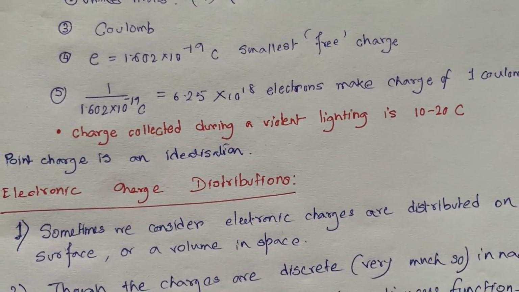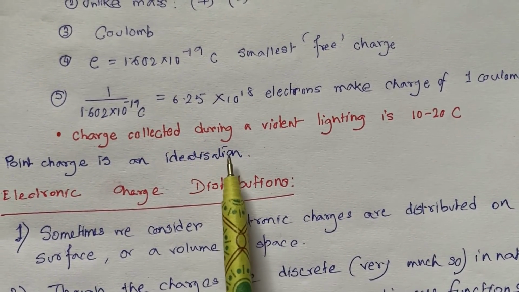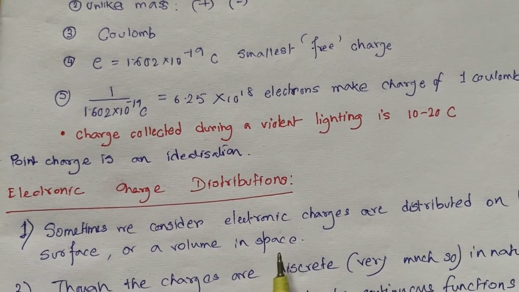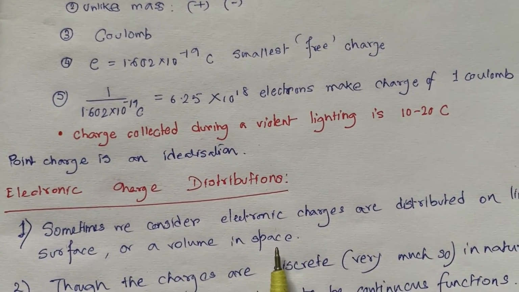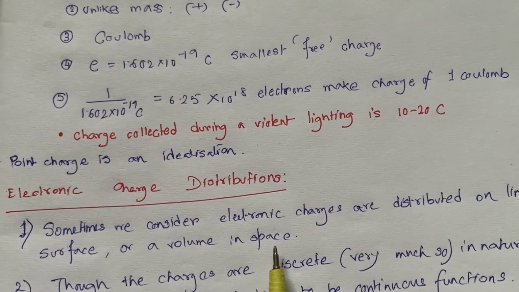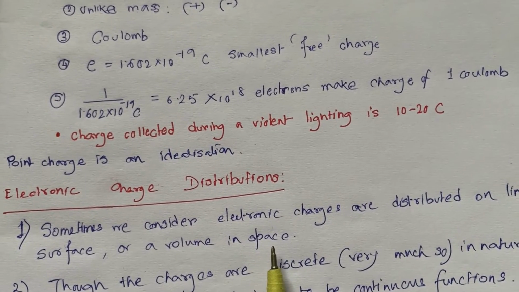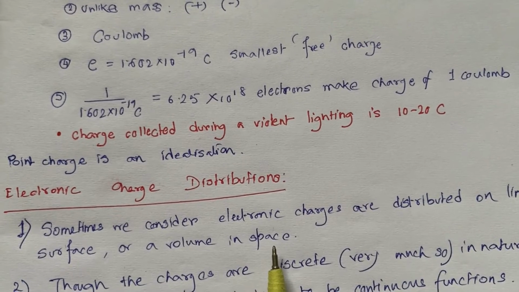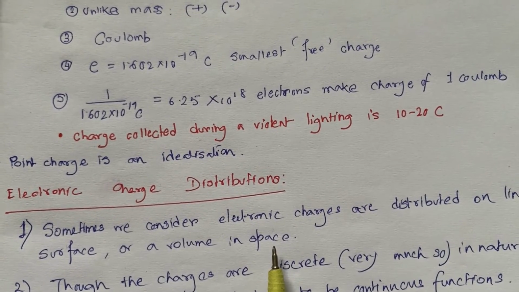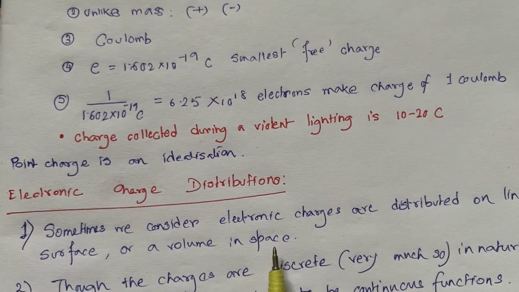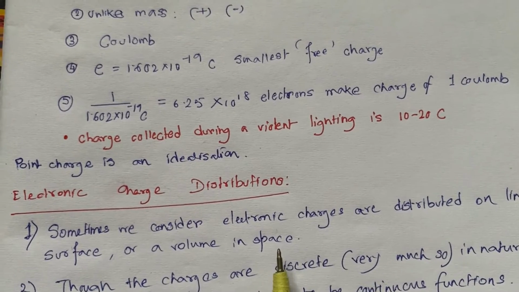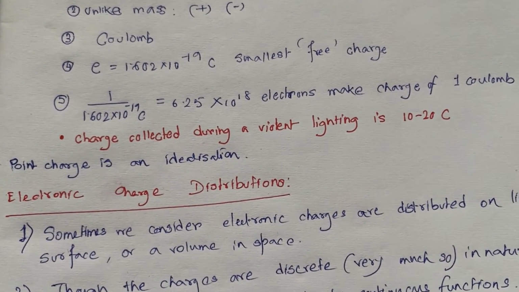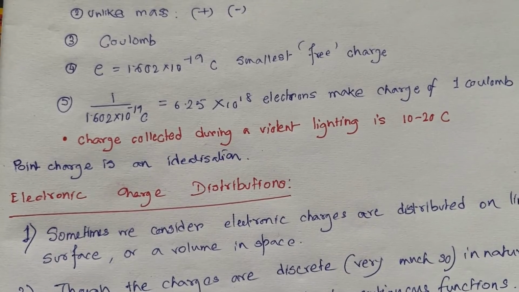Now this point charge is an idealization actually, because Coulomb observed that if I have a distributed sphere and that sphere is charged, then the influence given by the entire sphere is something like as if all the charges are concentrated at the center of the sphere.